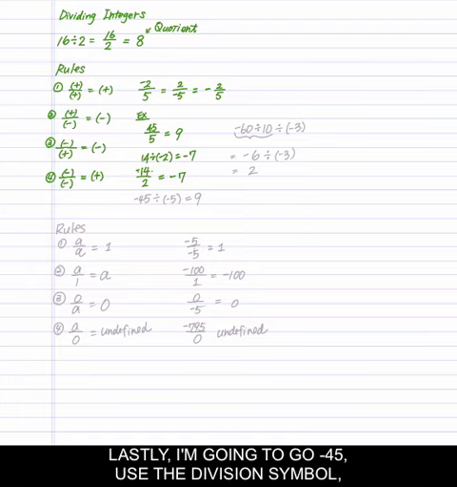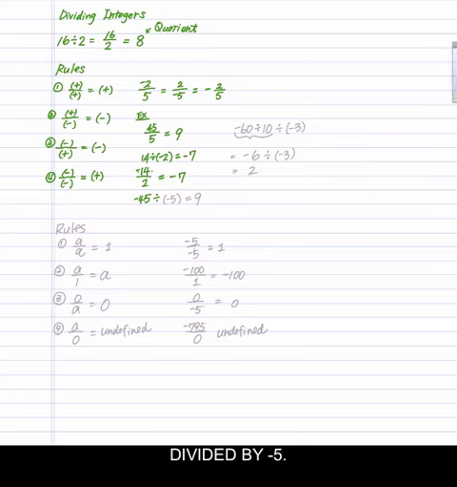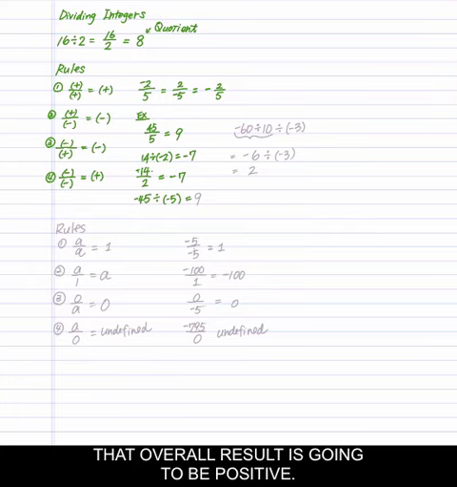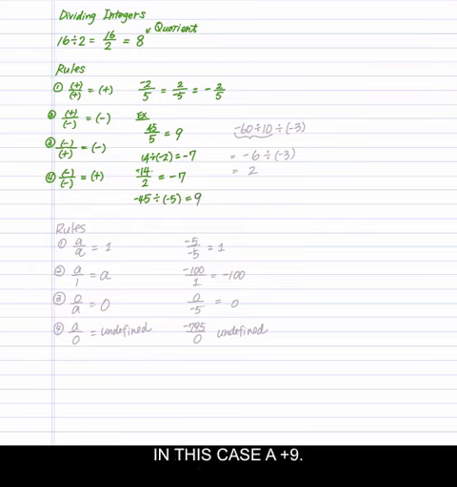Lastly, I'm going to go negative 45, use the division symbol, divided by negative 5. And again, note, I'm going a negative divided by a negative. That overall result is going to be positive, in this case a positive 9.